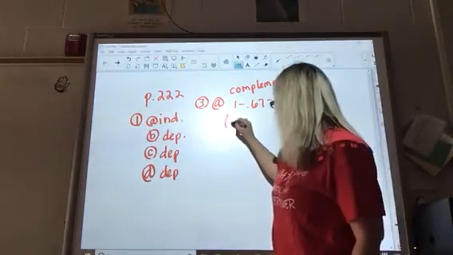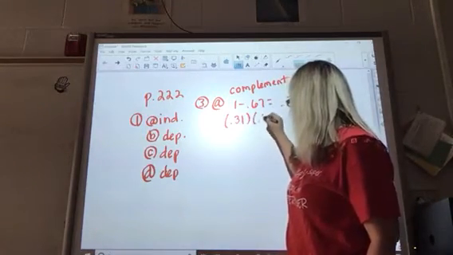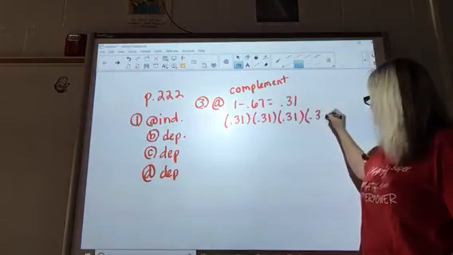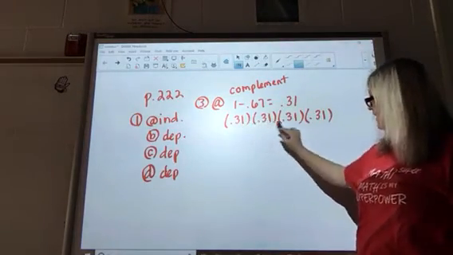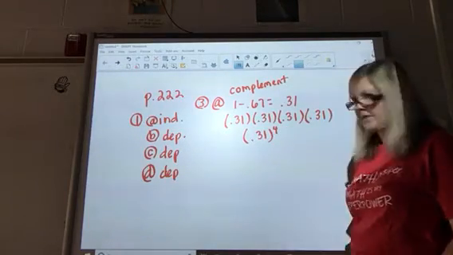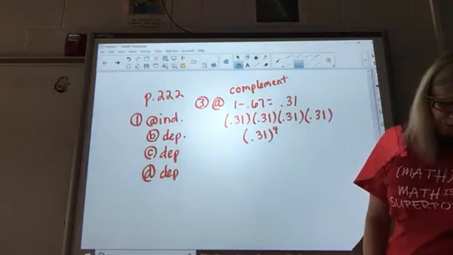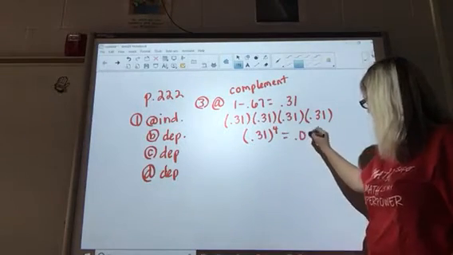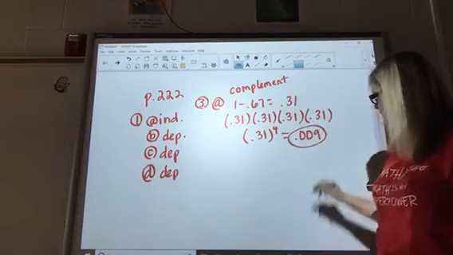And we've got that happening 4 times. First head of household, second, third, fourth, or in other words, I can write it that way. So 0.31 to the 4th power, if you punch that in your calculator, is 0.009.